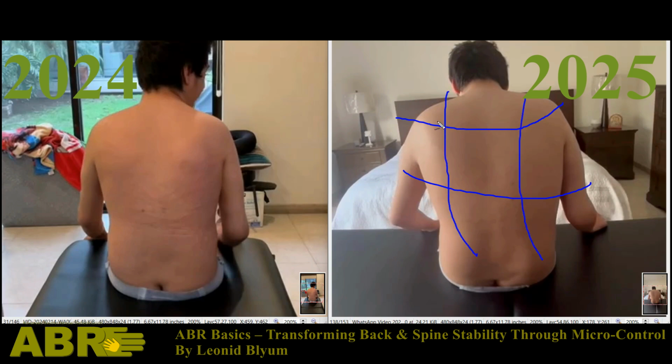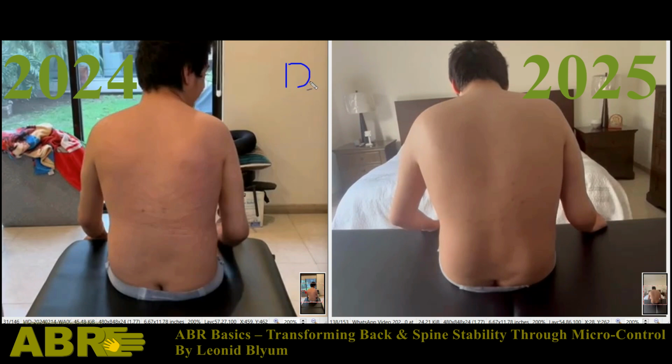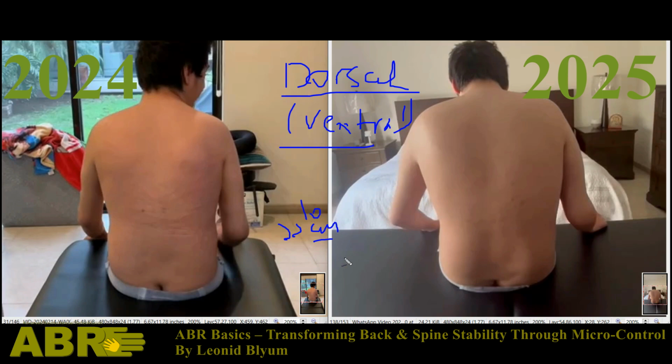So that's one of our central points, that the essence of the successful development is dorsalization. Dorsalization means the transition towards the back from the front, as opposed to the over ventral performance that unfortunately the standard rehabilitation induces. And the second thing would be the transition from the big centimeters, the 10 centimeters and more, into small centimeters.